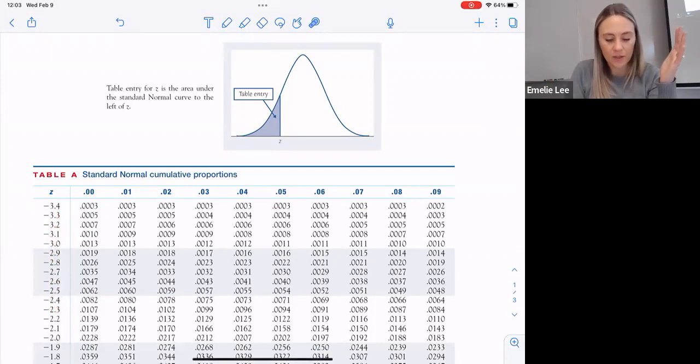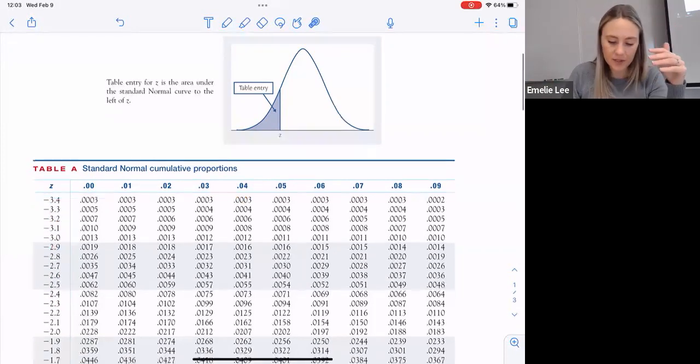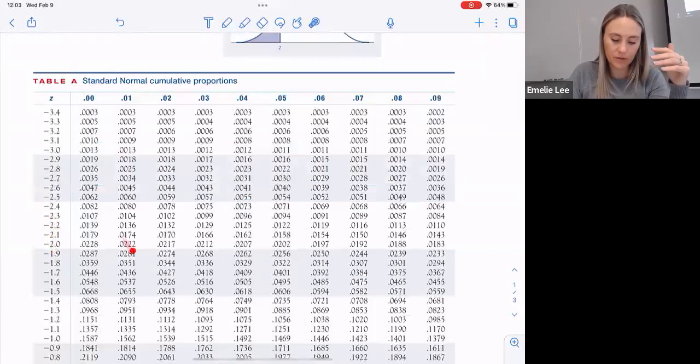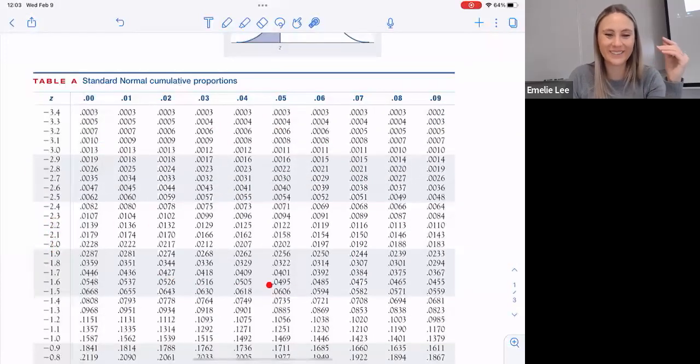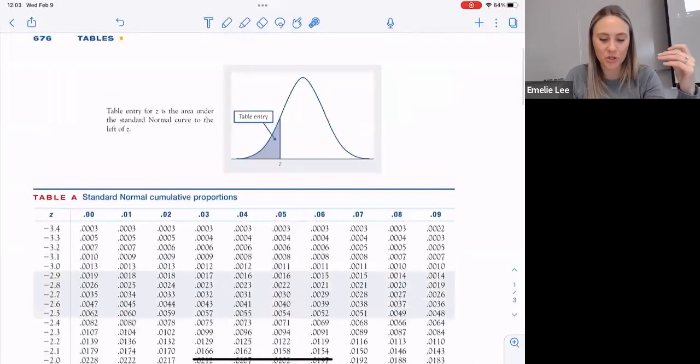And then the whole number and the first decimal is in the left-hand margin. And then we can join it up with a second decimal place in the top margin. So these areas under the curve, or sorry, I gave it away. These table entries, so notice I'm going to use, and I see that it's totally lagging here.